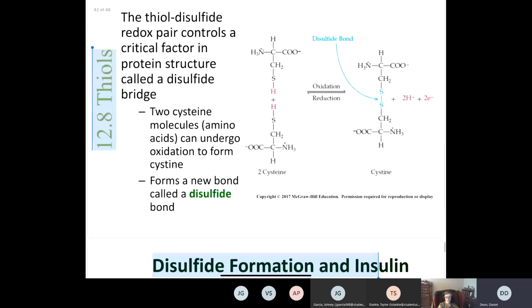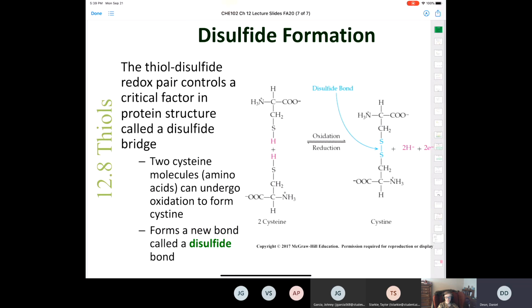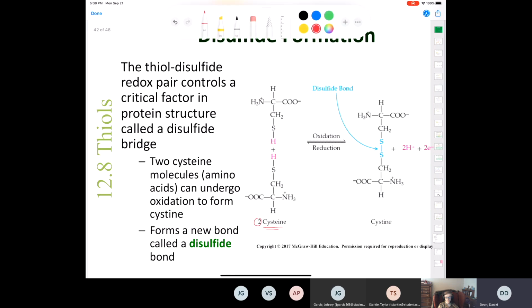Let's talk about disulfide formation. This is something that we'll look at even more later on in the class when we do a chapter on amino acids. But I just want to take a quick look at this reaction where you have two cysteine molecules. The name of the molecule isn't 2-cysteine, it's just that there are 2 cysteine molecules.